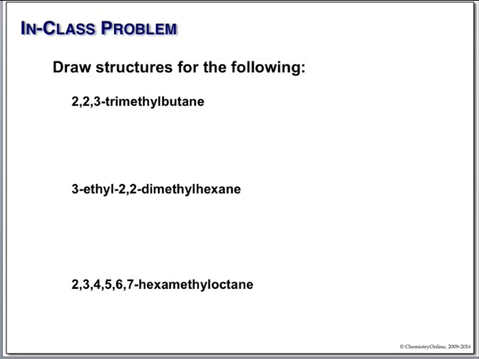2,2,3-trimethylbutane. Step 1. It's a butane. So you need a zigzag with 4 carbons. But is 4. 1, 2, 3, 4. And we'll call one end carbon 1. It doesn't matter which end.